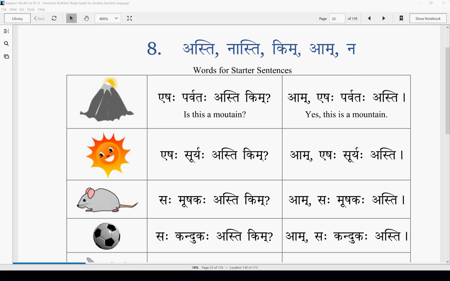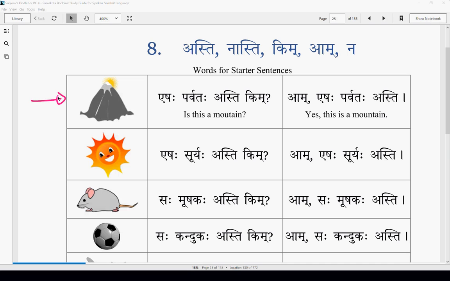Now the next set of words is Asti, Nasti, Kim, Am and Na. So here, let's start reading. Jay, you want to read? Yes, thank you. Eshaha Parvatah Asti Kim? Am Eshaha Parvatah Asti.